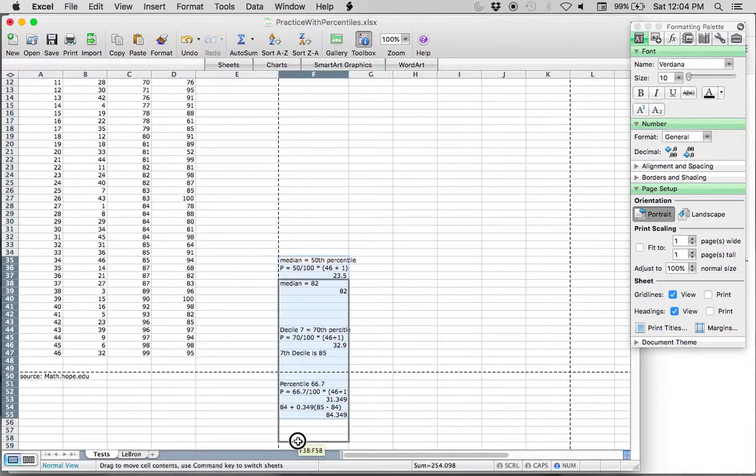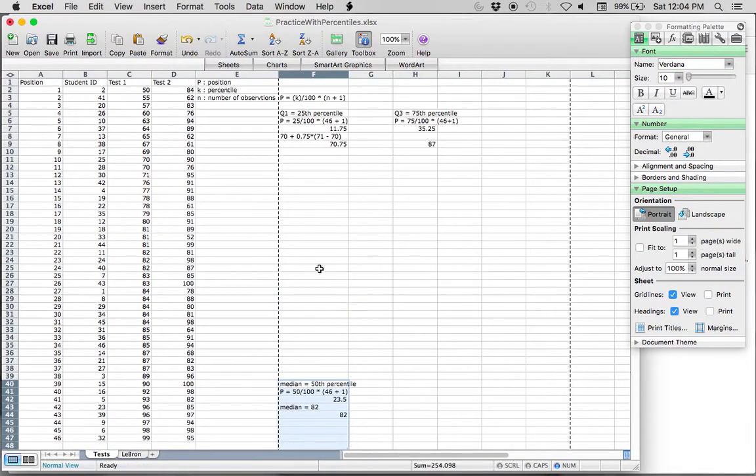Okay, so the interquartile range, or IQR, is just the difference between Q3 and Q1.